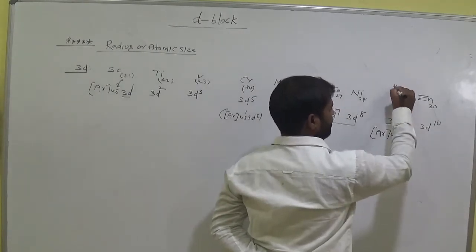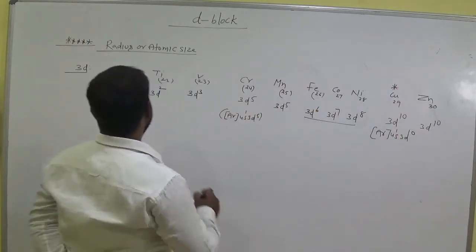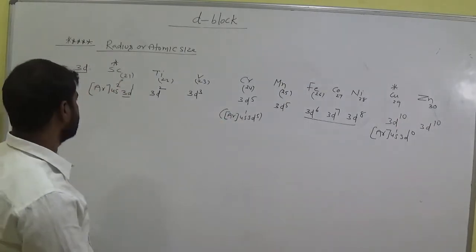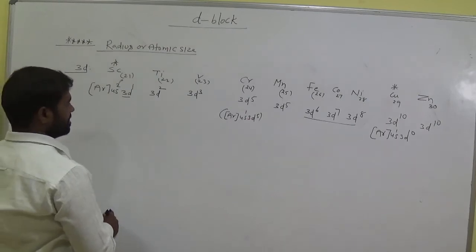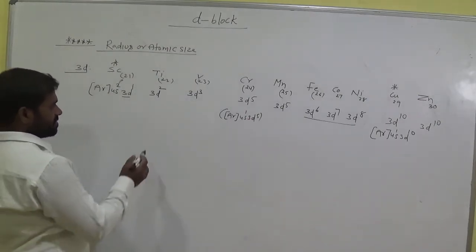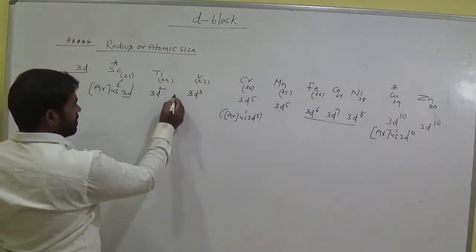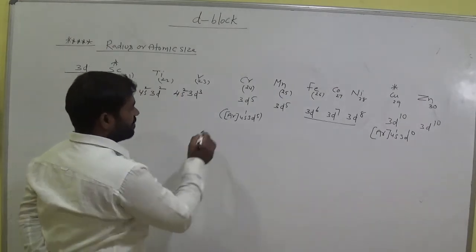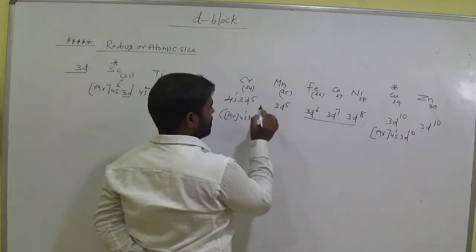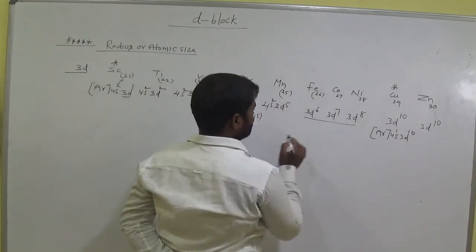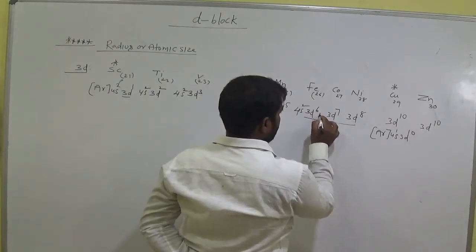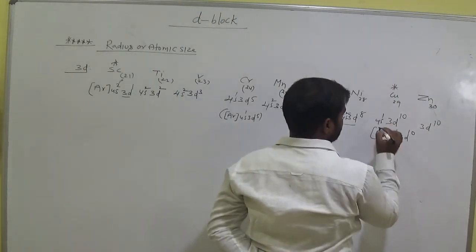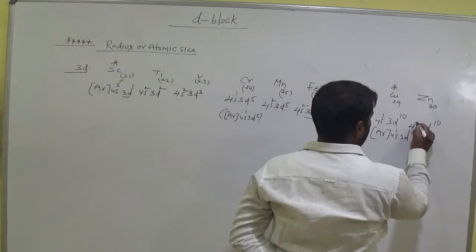Here we are discussing the radius of the 3d transition series. Most have 4s2, with chromium and copper having 4s1.